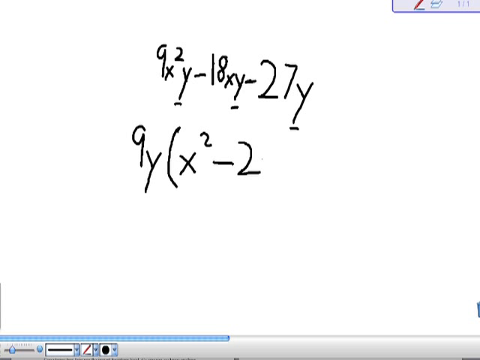So we're going to have 2x, right, because we pulled out the y over here, minus 3, because we pulled out 9 from the 27, because 3 times 9 is 27. And of course the y, because we pulled it out over here. So this is what we're left with, 9y, with x squared minus 2x minus 3.